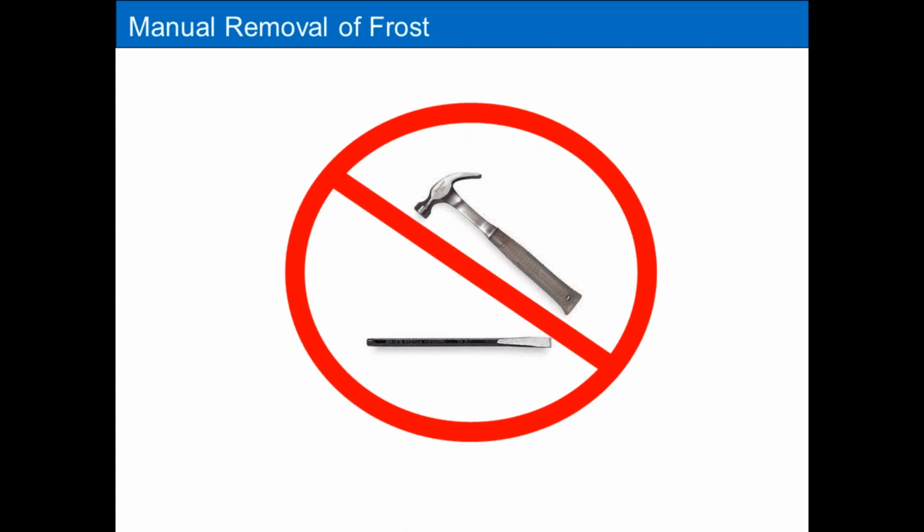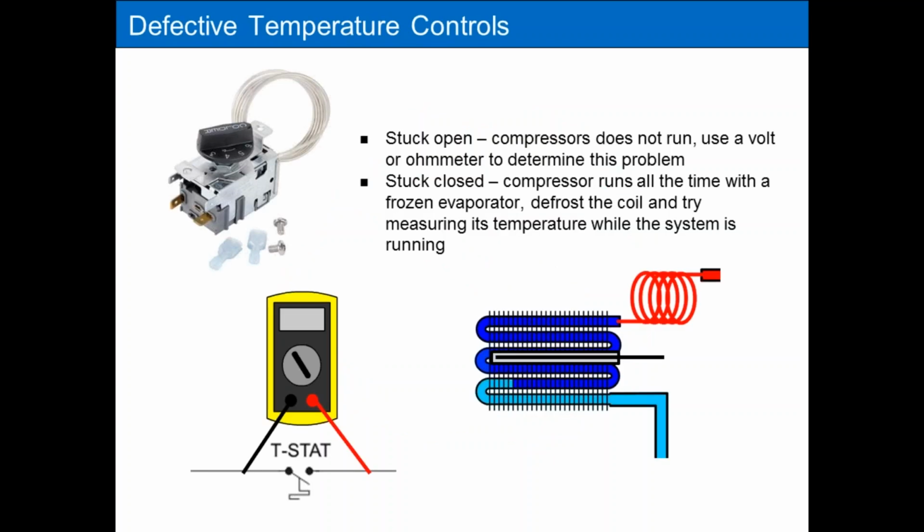Once you have a clean coil, then we can start to determine whether it's the temperature control or loss of refrigerant. A temperature control that causes an iced evaporator generally means the thermostat is stuck closed. So how are you going to determine that it's stuck closed? A good way is to measure the temperature at the same location where the sensing element is connected to that evaporator.